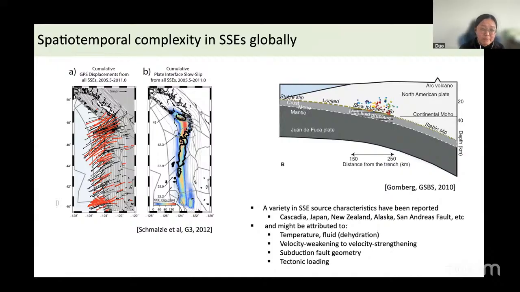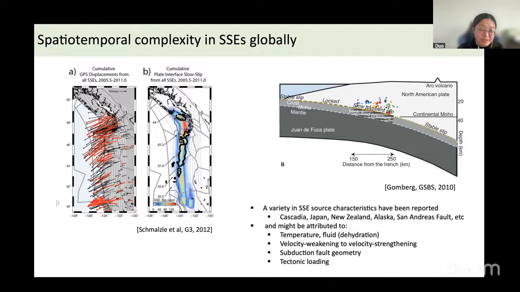All the arrows are GPS vectors recorded during the slow slip event period.